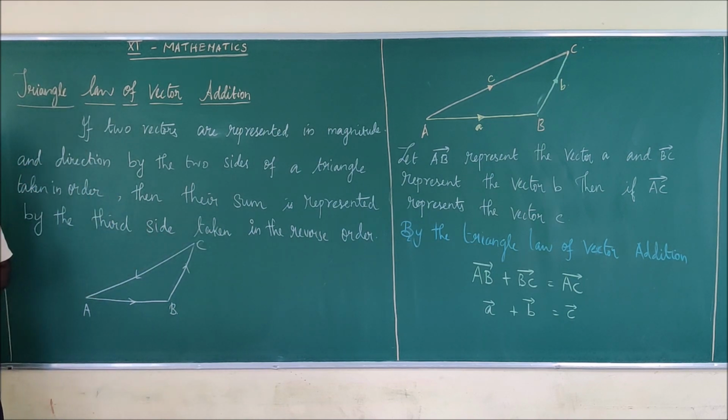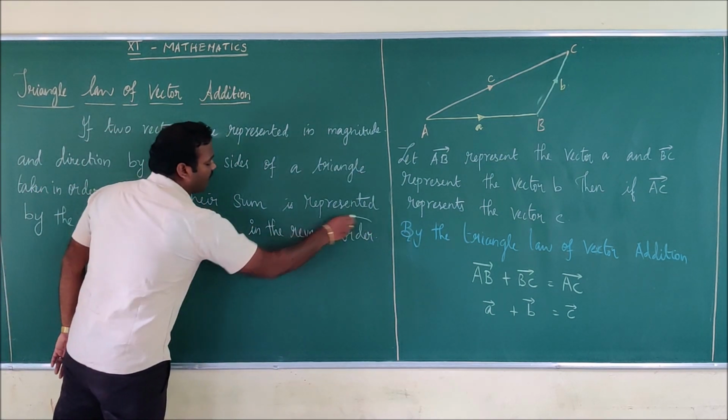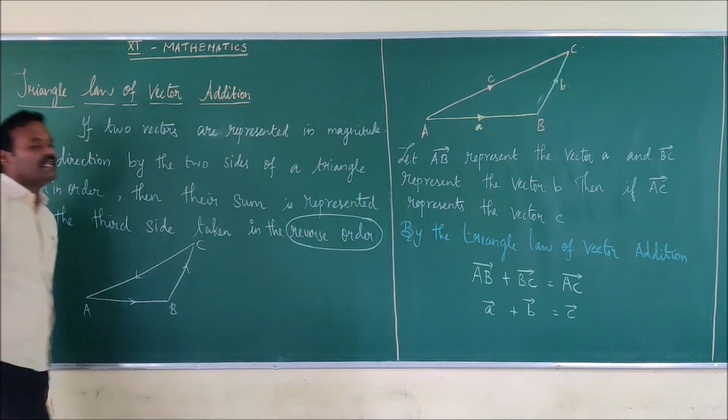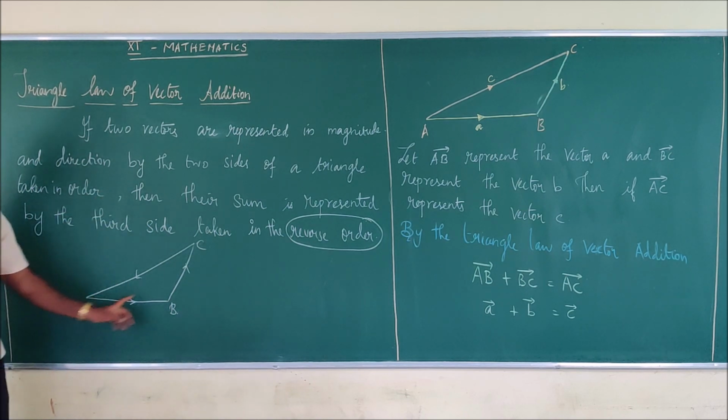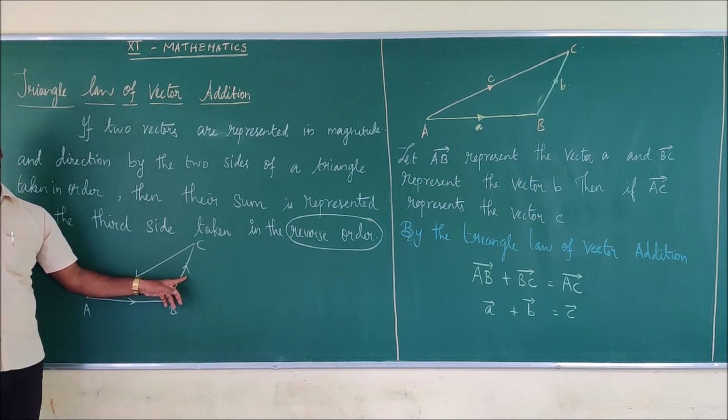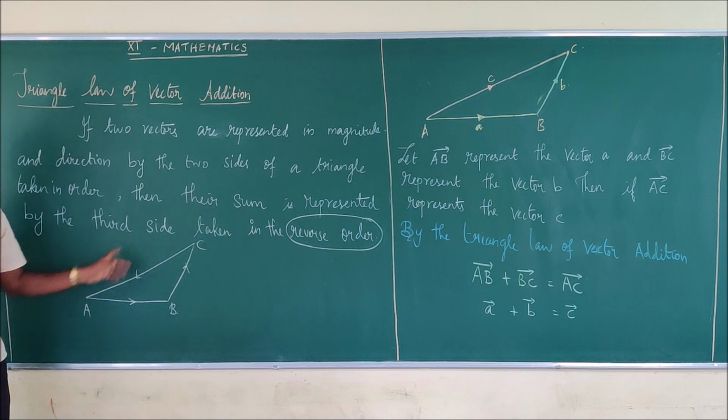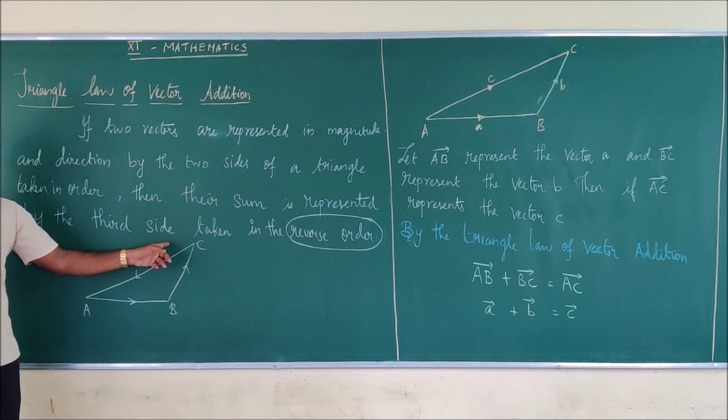That is the thing you have to remember. The resultant is taken in the reverse order, but the other two vectors follow the order. Reverse order means not the CA vector, it is the AC vector.